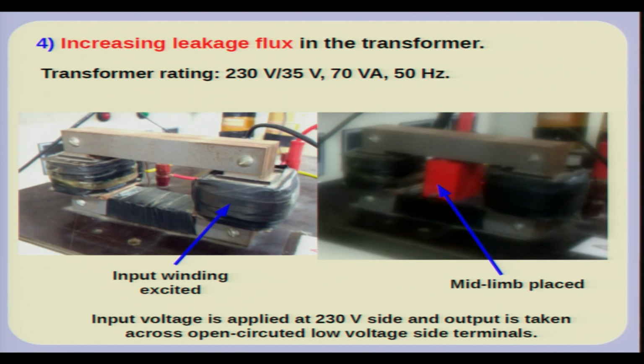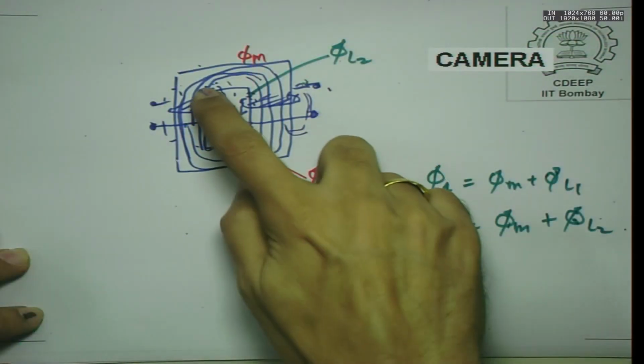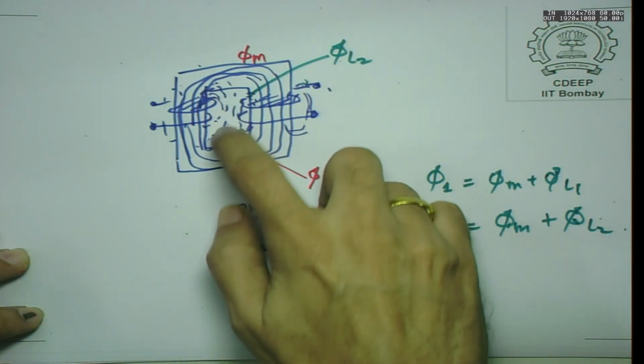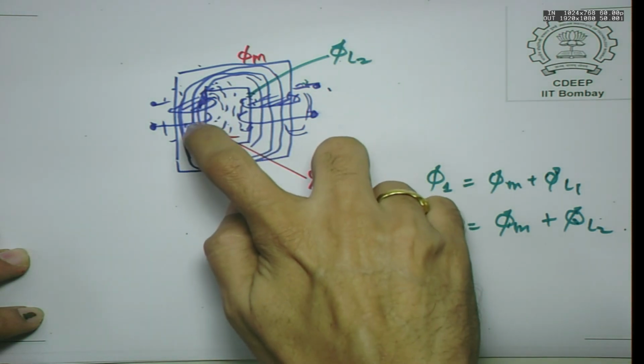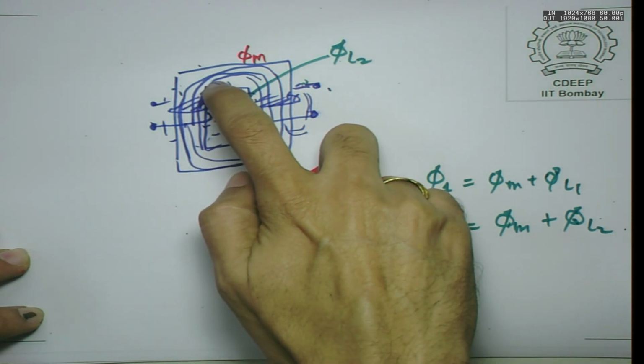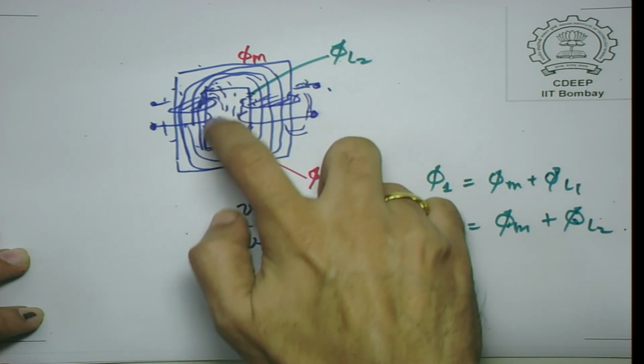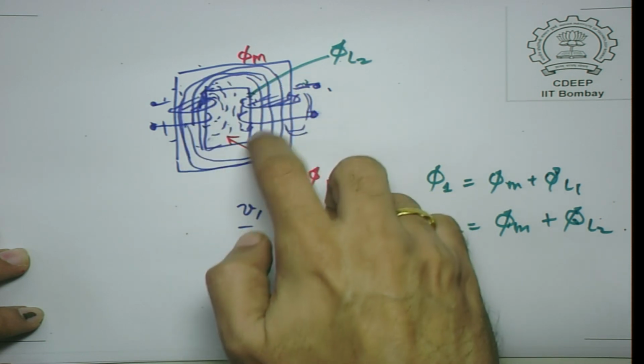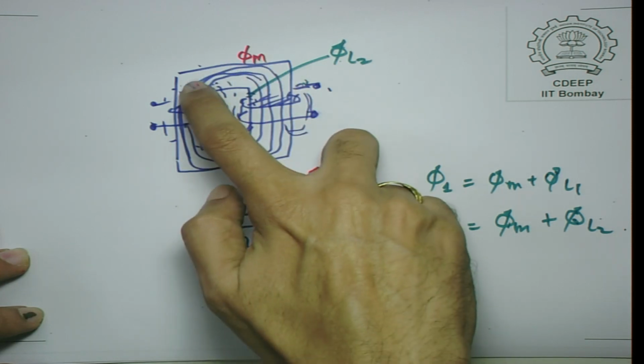So I will call this the input or primary side and I excite this primary winding, and we will try to see the effects of having high and low leakage. As I mentioned in the previous figure, this is the leakage flux. Some of it may flow through the ferromagnetic material, but most of it has a return path through air, not through the complete ferromagnetic path. So this is called leakage flux.